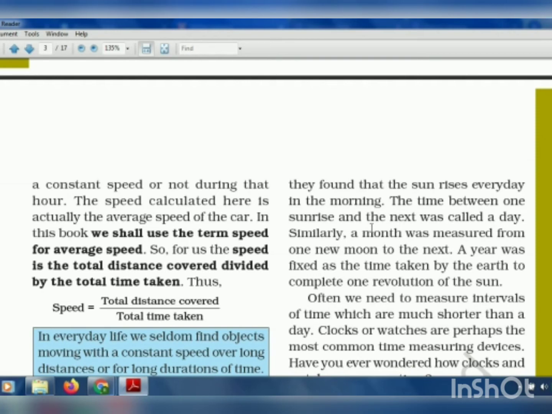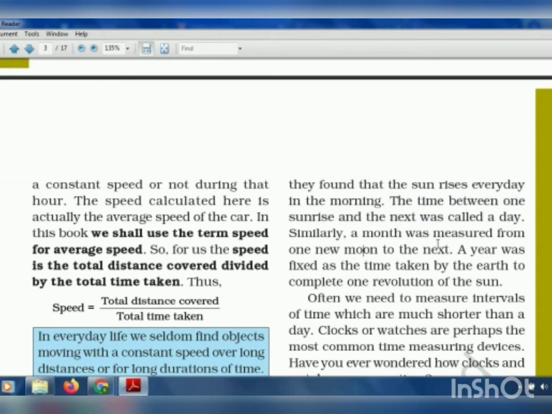When the sun rises today we count it as the starting of one day, and when the sun rises on the next day we consider that one day has been completed. Okay, so you have to remember this. What is a day? The time between one sunrise and the next they called a day.